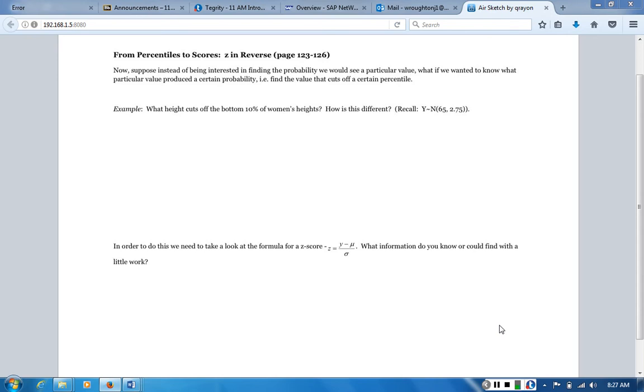So we're going to start by looking at an example, looking back at women's heights. If you remember, women's heights was normally distributed with a mean of 65 and a standard deviation of 2.75. So I'm going to start by just drawing the picture that we already know is true, right? So we know it's normal. We know the mean is 65.